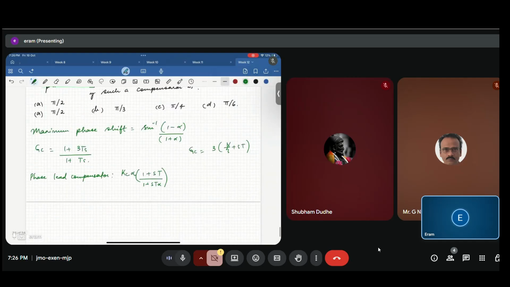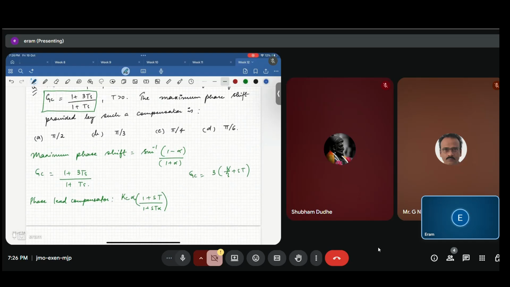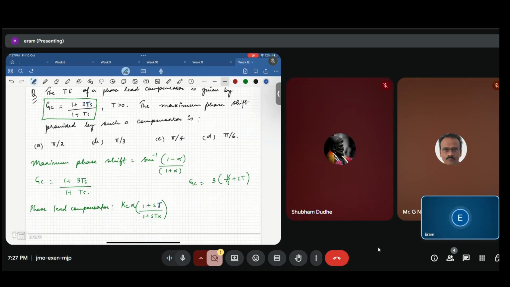So this T is given, but this T is just a parameter. Don't get confused with the T which is used here. This is the general form that we write the lead compensator using parameters alpha and T, but that doesn't mean this T always specifies the parameter we use in a lead compensator.